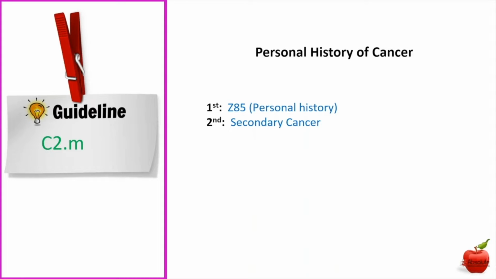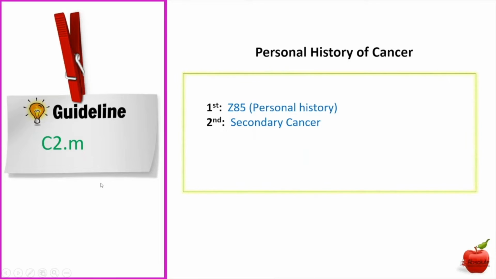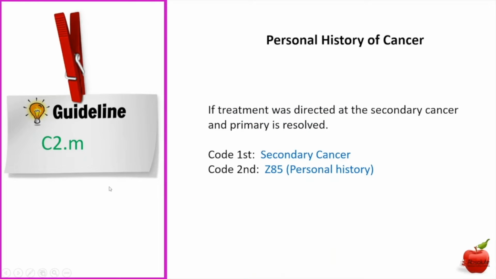And if the patient has a secondary cancer, that can be assigned as a secondary code. So that's the guideline C2.M. And the other one: if the treatment was directed at the secondary cancer and the primary cancer is resolved, your sequencing order would be to code first the secondary cancer and code second Z85, the personal history of malignancy code.